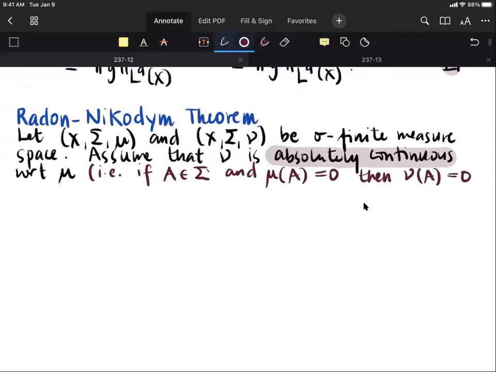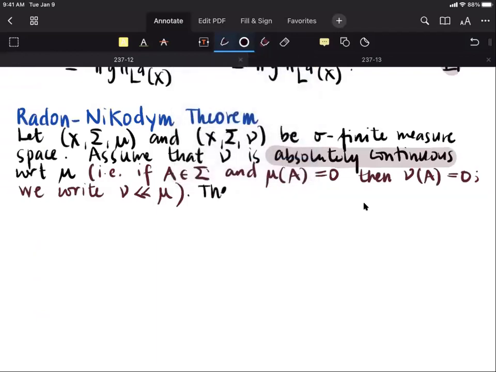So null sets with respect to mu are also null sets with respect to nu. And to simplify this, we should use the following notation. Roughly, we can say that nu is less than mu.